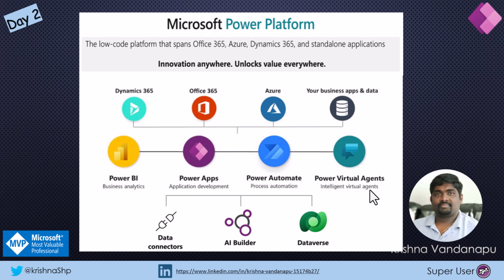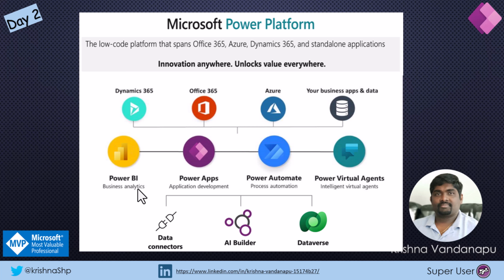But let me brush up one more time. Power BI, as its name says, is business analytics, mainly used to do analysis on the data, which is reporting. And Power Apps is to implement application development. In this layer, users like you and me create applications. We will have a quick look at how those applications look, and then we will start our journey.